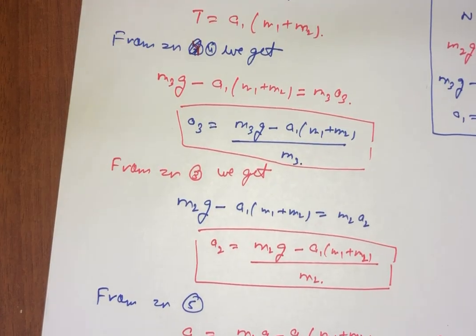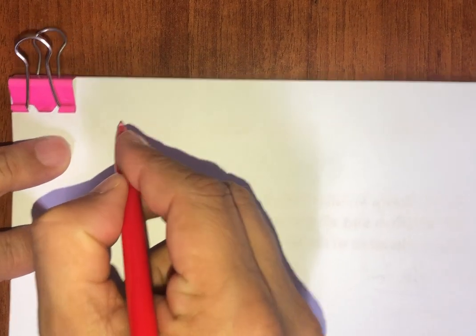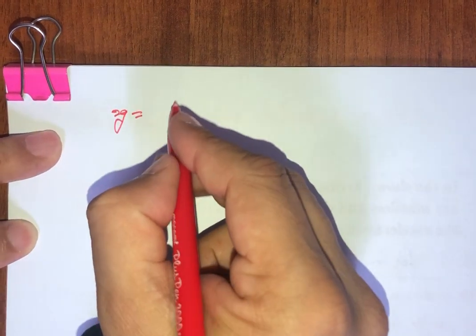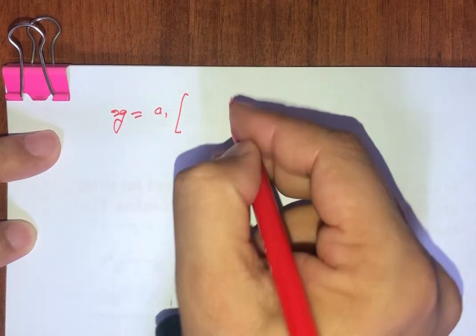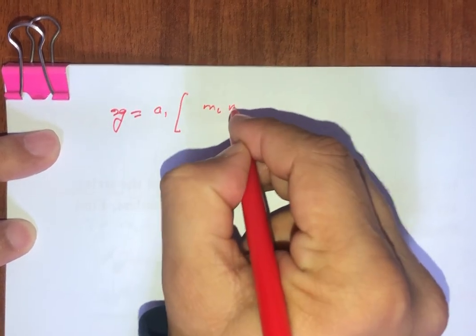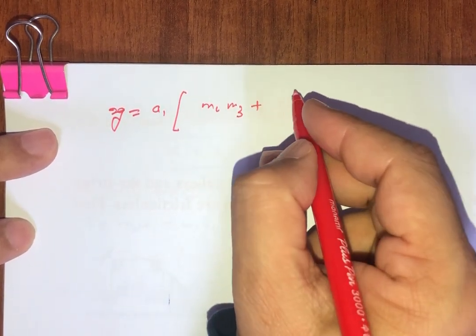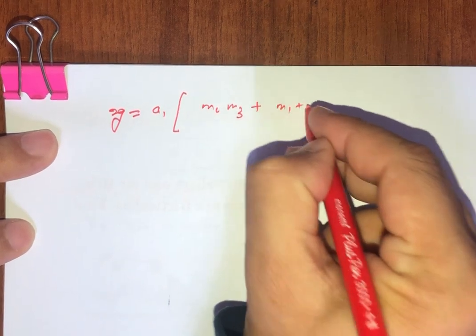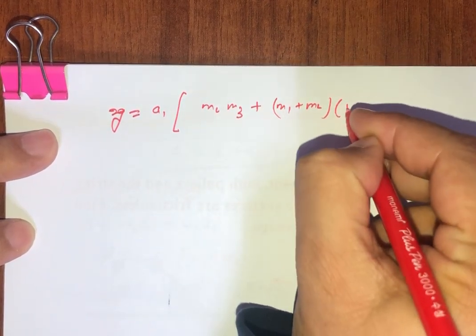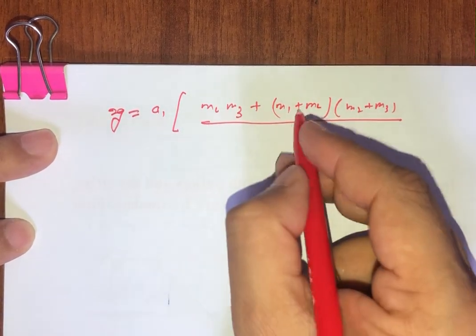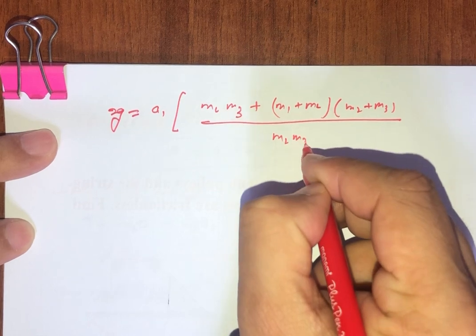Okay. So it means we get 2g is equal to a1 over m2 m3. Okay, now taking (m1 plus m2) as common, we get (m1 plus m2) into (m2 plus m3), whole divided by m2 m3.